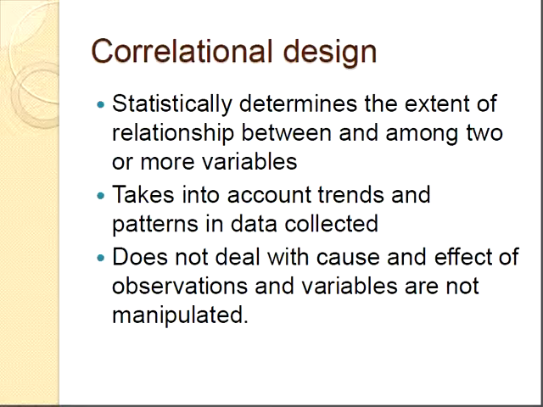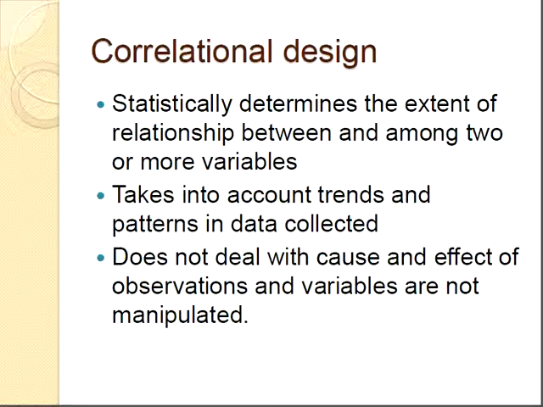When you have collected your data, it is possible as you go through, you see either there is a special level of agreement or disagreement among the data that you have generated. Correlational design does not deal with cause and effect of any observation, and the variables are not manipulated.